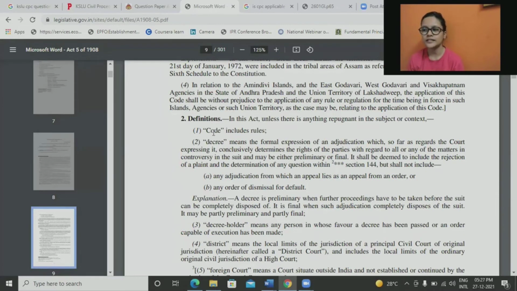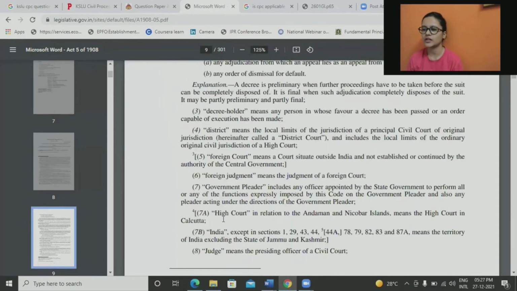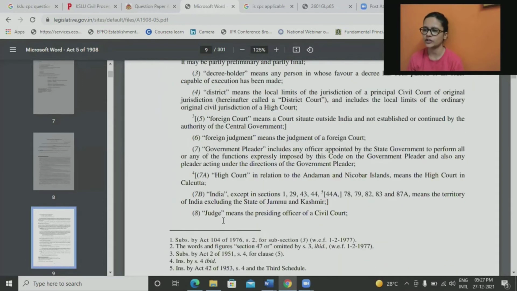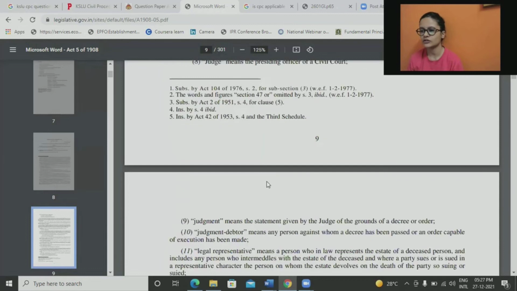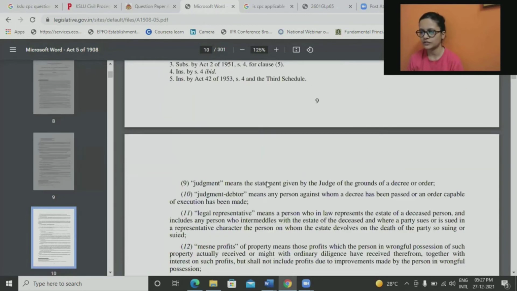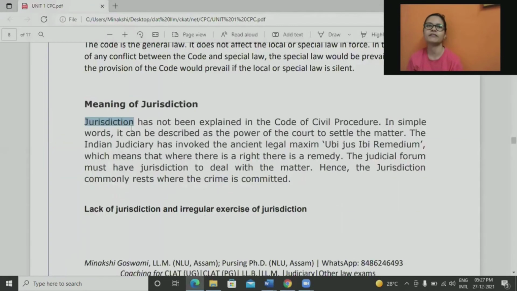So this section also defines certain words like code, decree, decree holder, district, foreign judgment, foreign court, so many other things. Judge is defined, judgment defined, judgment debtor defined. But jurisdiction as a word has not been defined in the code.